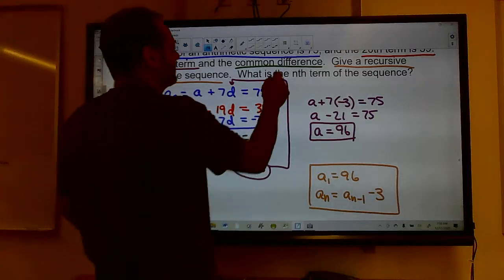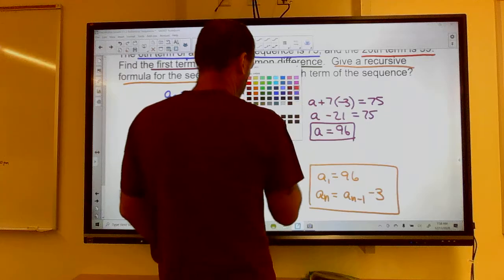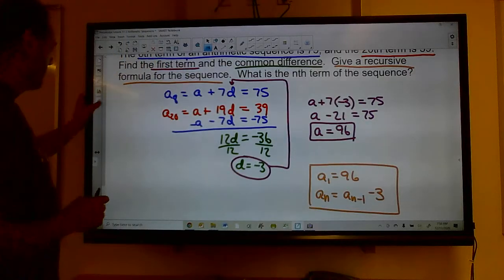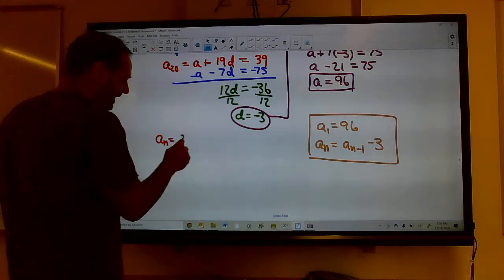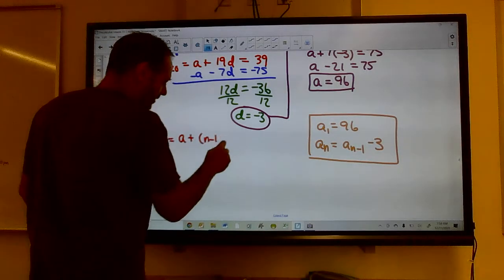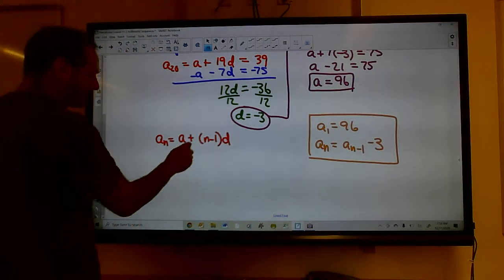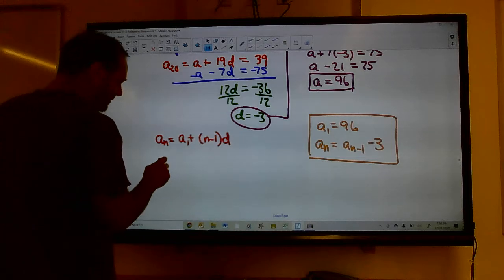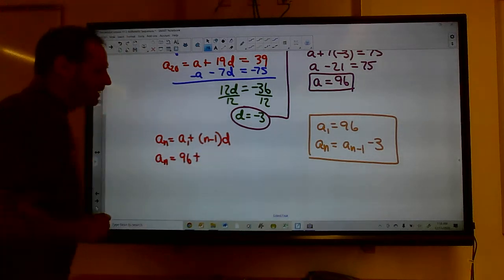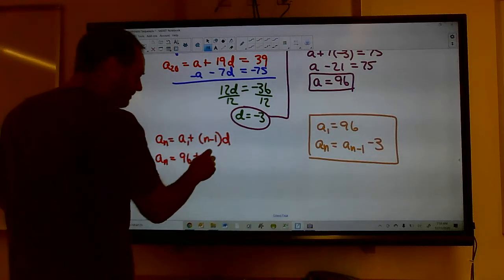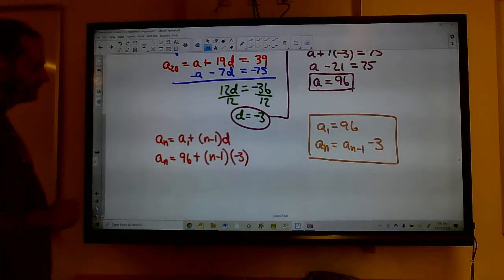What is the nth term of the sequence? Remember that a sub n is going to be a sub 1 plus n minus 1 common differences. So a sub 1 is 96 plus n minus 1 times the common difference, negative 3.